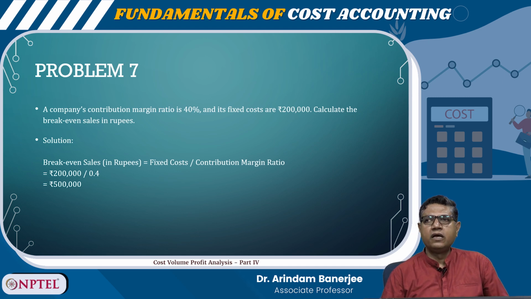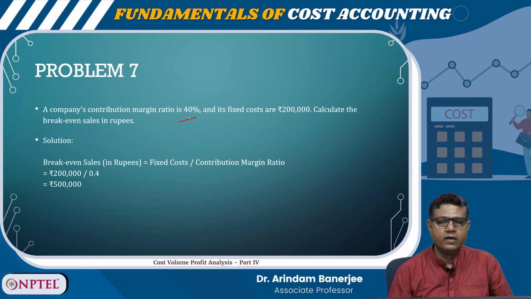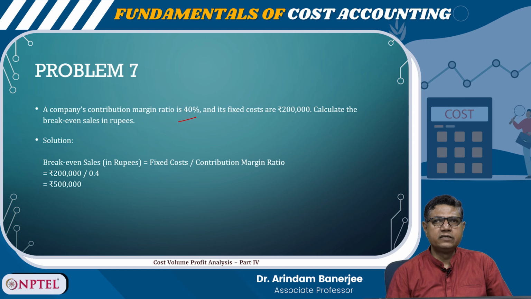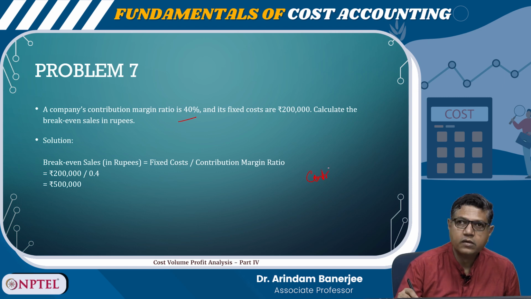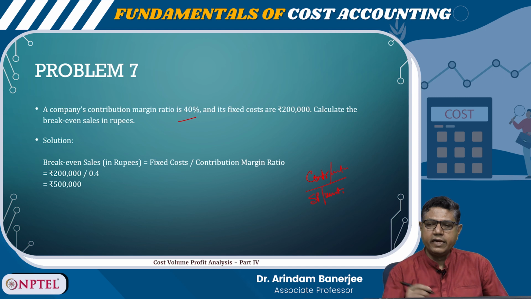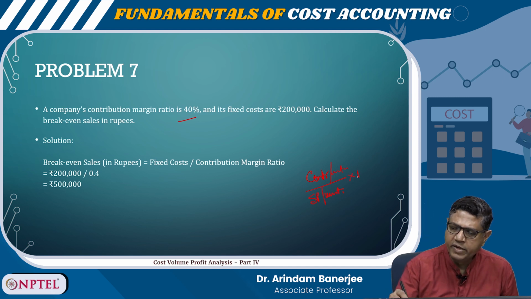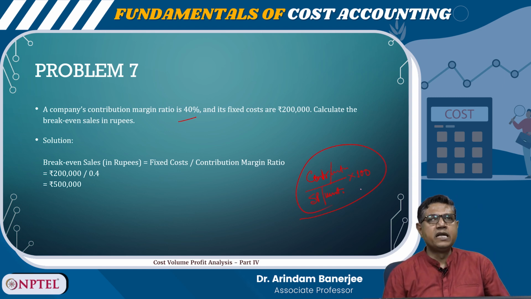Problem number 7. Next problem, a company's contribution margin is 40%. Contribution margin we discussed earlier; the formula is contribution per unit divided by selling price per unit, and if I multiply this with 100, I will get the answer in percentage.